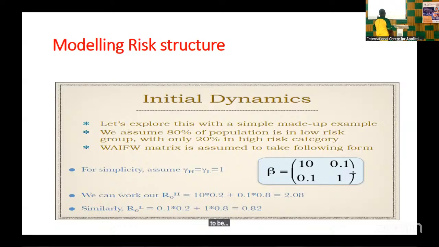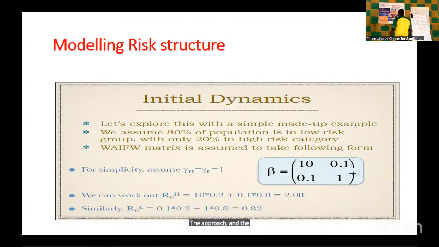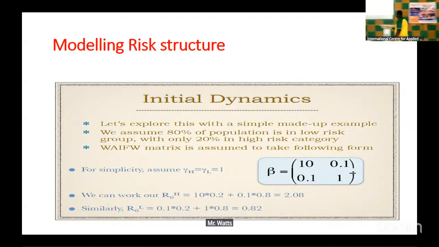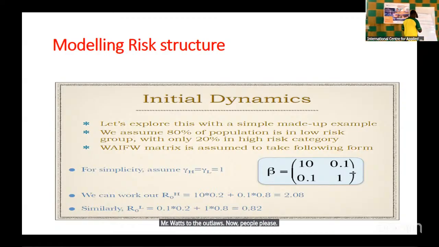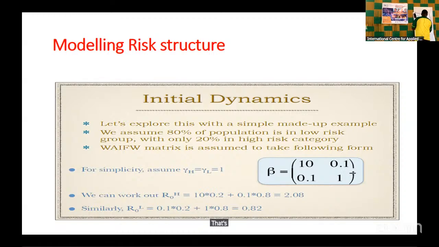For simplicity, we have gamma H and gamma L equal to 1. You can work out the R naught. Given this, just assume that beta is, since it's very high, 10, and then 0.1, because the diagonals are the same.